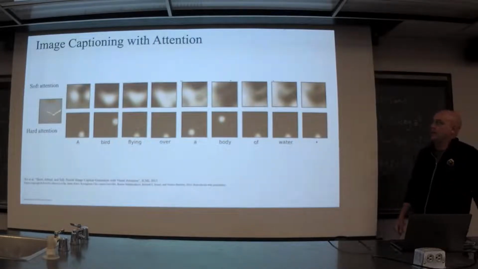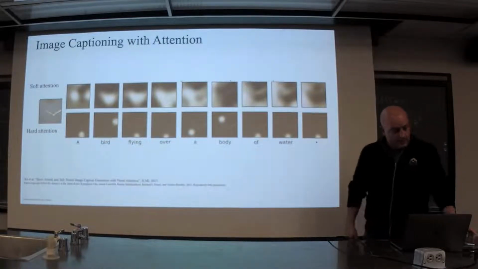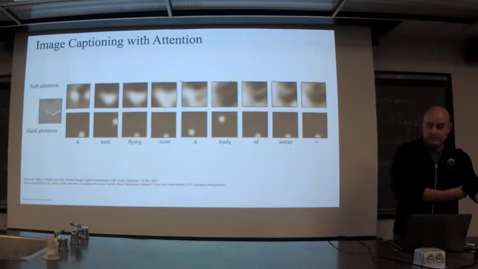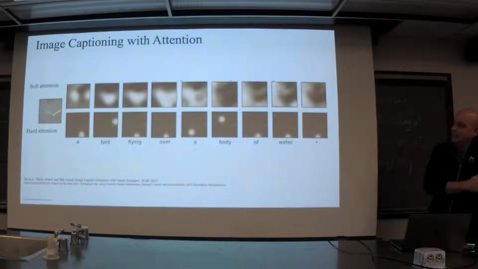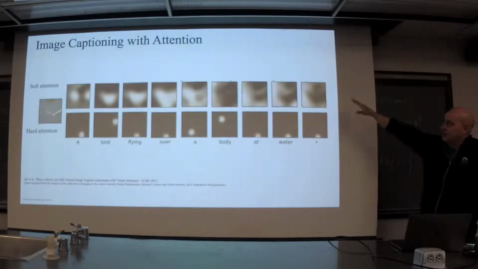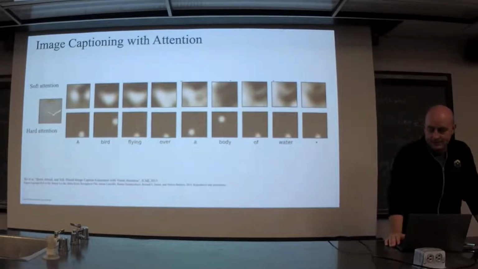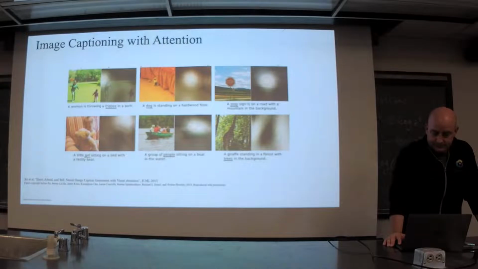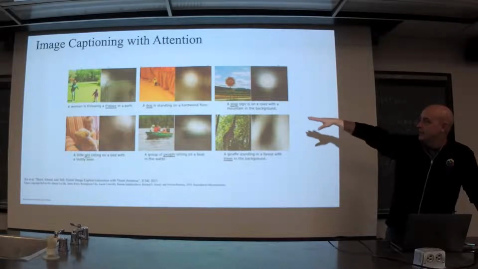So it's kind of cool how you can get these networks to use the pixels in interesting ways and have this give you some idea of which pixels are important and how they produce this caption. You can see these for different words in these examples.